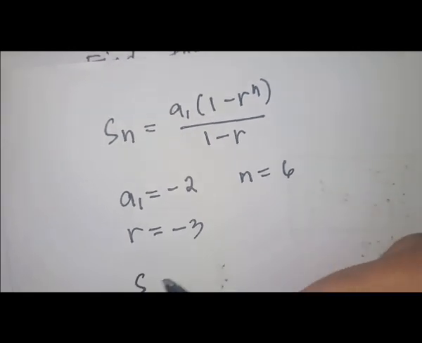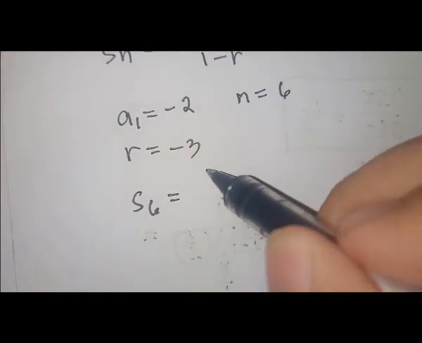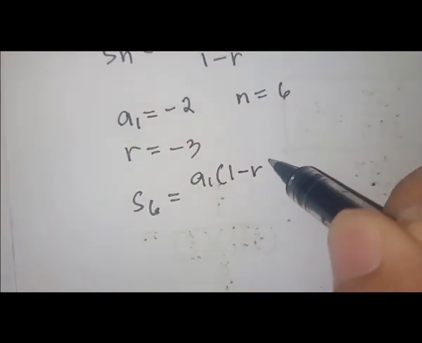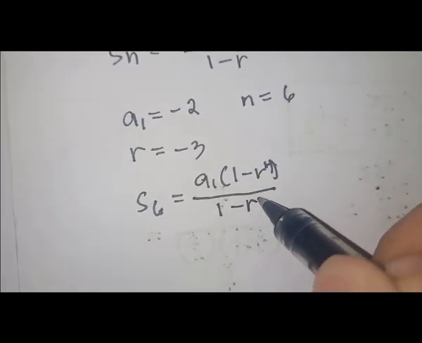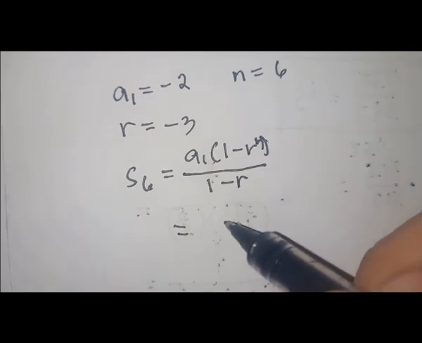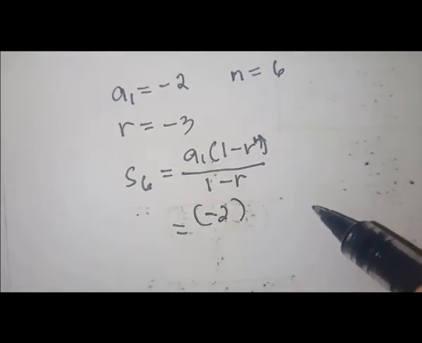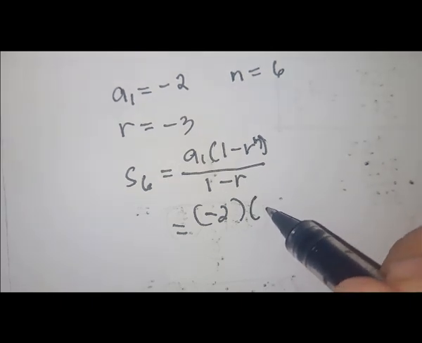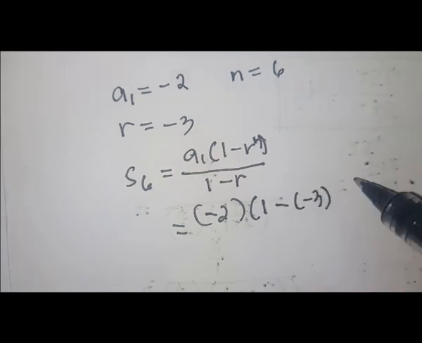So, gamitin na natin yung formula ng geometric series. You have S sub 6 is equal to a sub 1 times 1 minus r raised to n over 1 minus r. Ang a sub 1 natin ay negative 2. Ang r natin ay negative 3. So, we have 1 minus negative 3. Ang n natin ay 6.